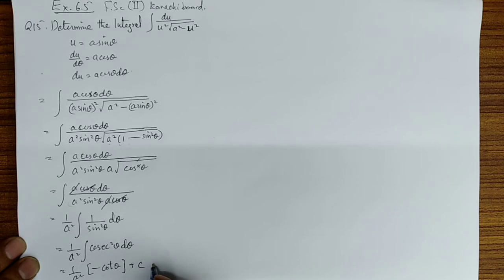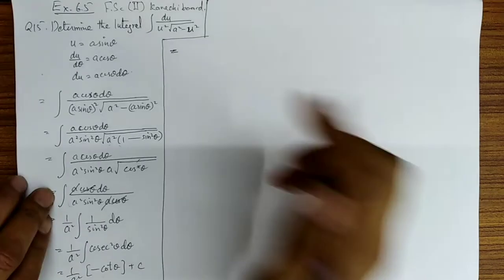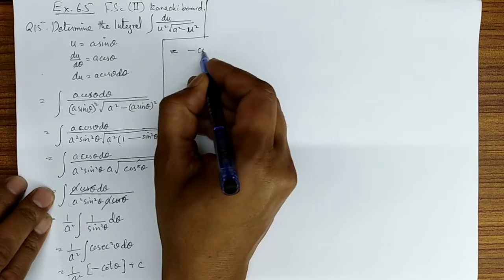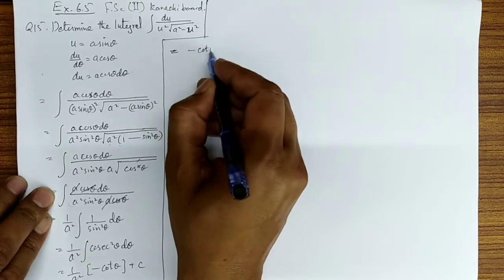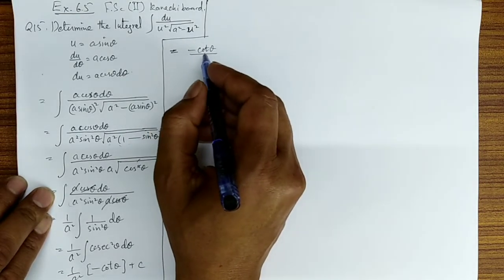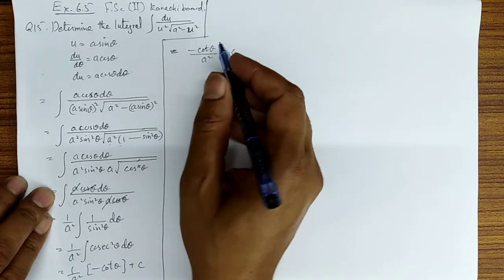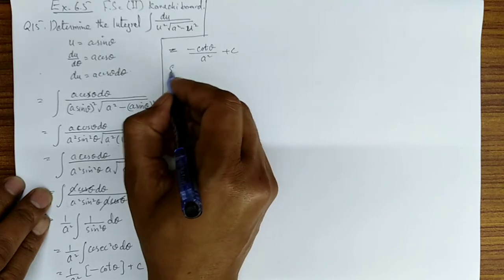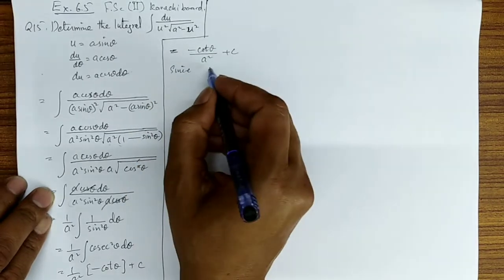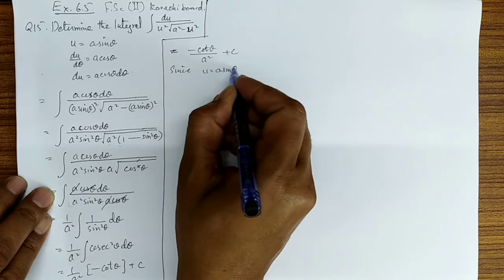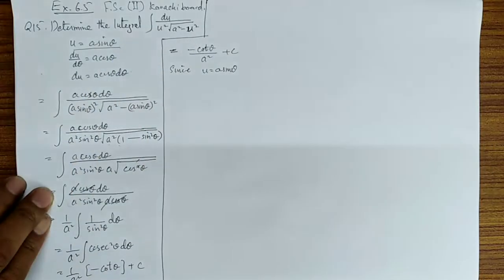So this is our integral, and we can write it as minus cot theta divided by a square plus c. Initially we have considered that u equals a sine theta, as you can see here.